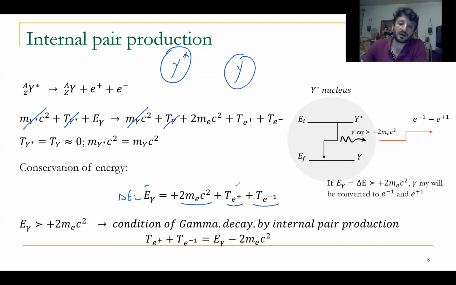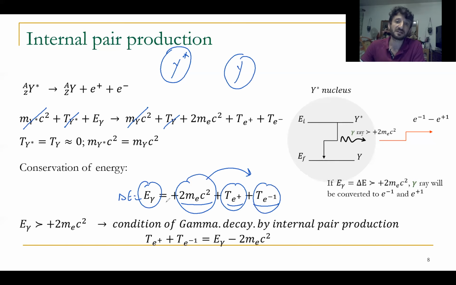The kinetic energies of the positron and electron, T e plus and T e minus, are positive quantities. So we can say E gamma is greater than 2 m_e c squared. As the condition of gamma decay by internal pair production, E gamma must be greater than 2 m_e c squared.